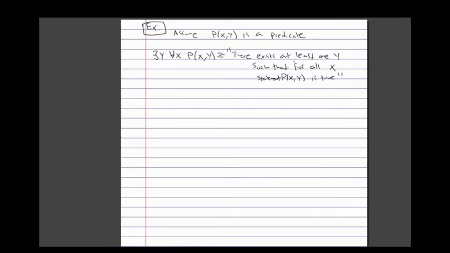That's one way of reading this statement, which says that there exists at least one y such that for any value of x, p of x y is true. This is a completely different statement. It's not the same thing.